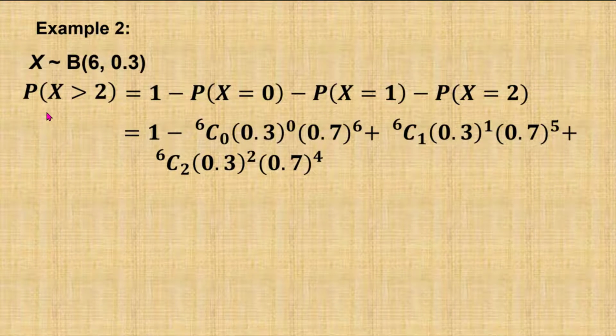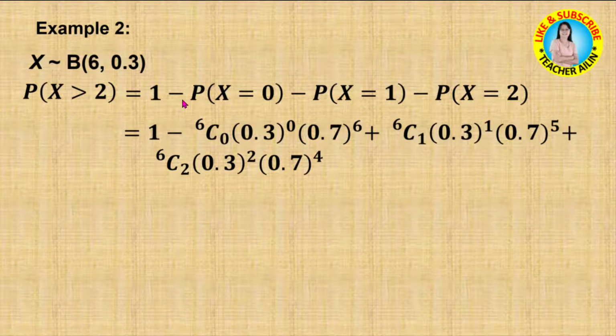Alternatively, P(X > 2) can also be calculated using 1 minus P(X = 0) minus P(X = 1) minus P(X = 2).